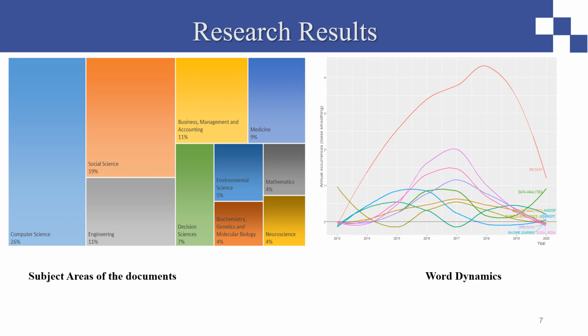Looking at the subject areas of the documents, we found that computer science has the highest percentage of research applying data analytics in nonprofit organizations. However, looking at word dynamics, we found that the big data word has the highest dynamic in the last 12 years.